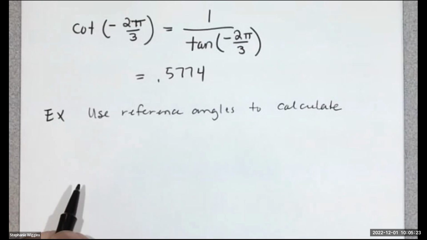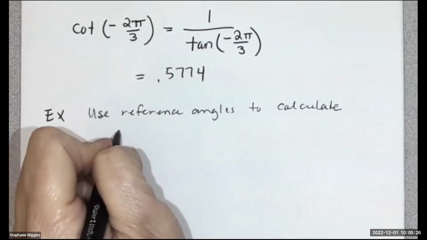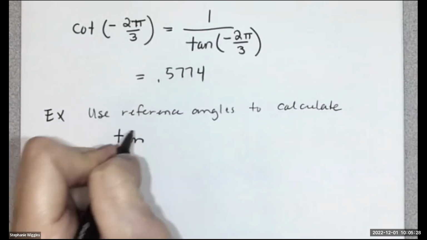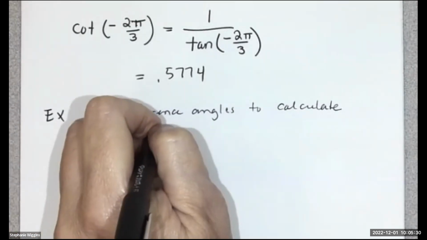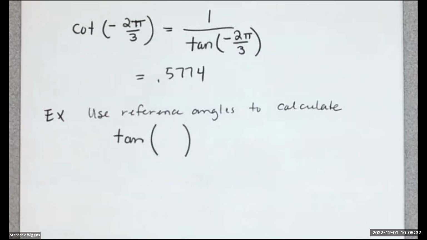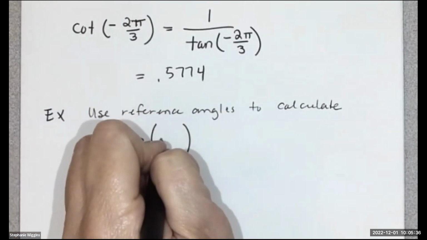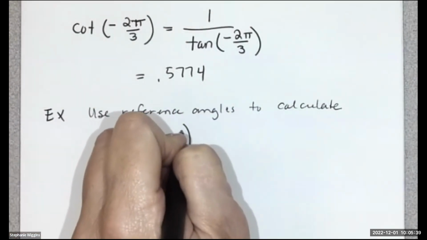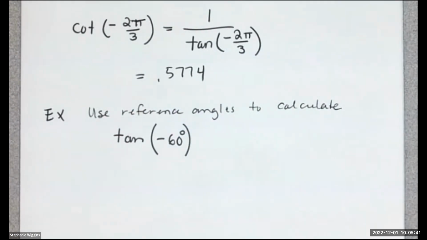Let me think of an example. Tangent of minus 60 degrees. Okay.